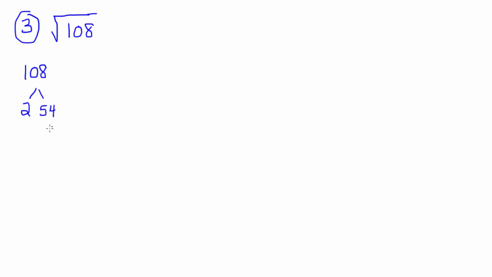Okay, so this will be number 3. How about the square root of 108? So remember, just write 108 as a product of its prime factors. I always start by dividing by 2 if it's even because I just think it's easy, just for me personally. And then 54 I know is 9 times 6. And then 9 goes to 3 and 3, and 6 goes to 2 and 3.